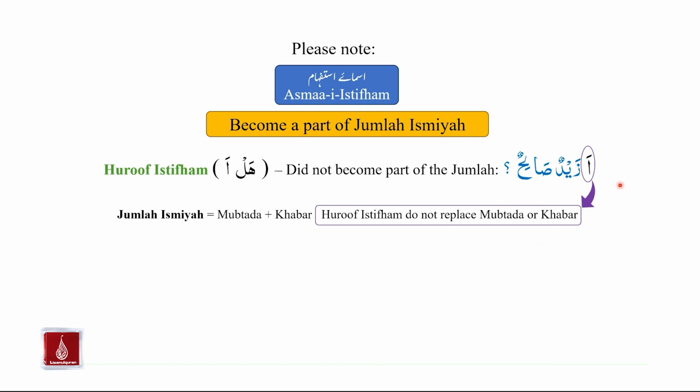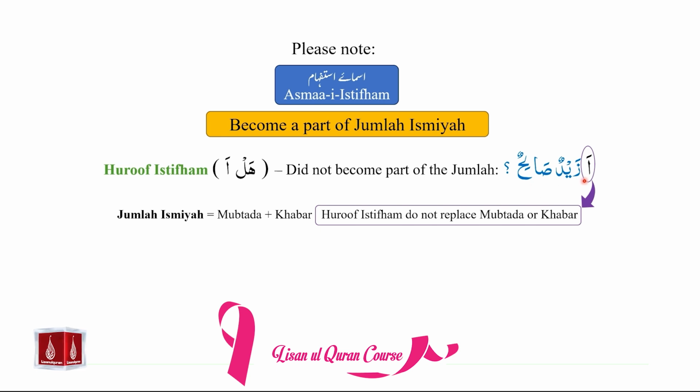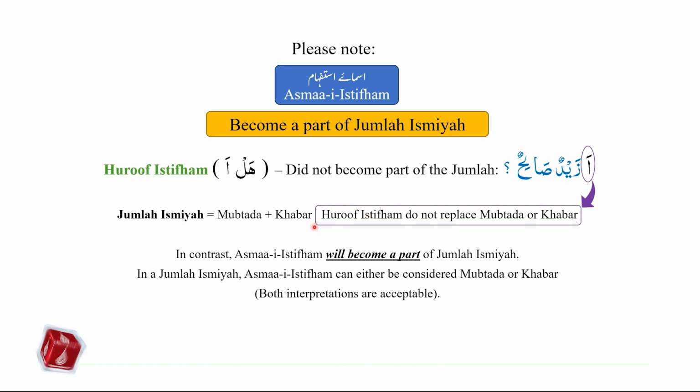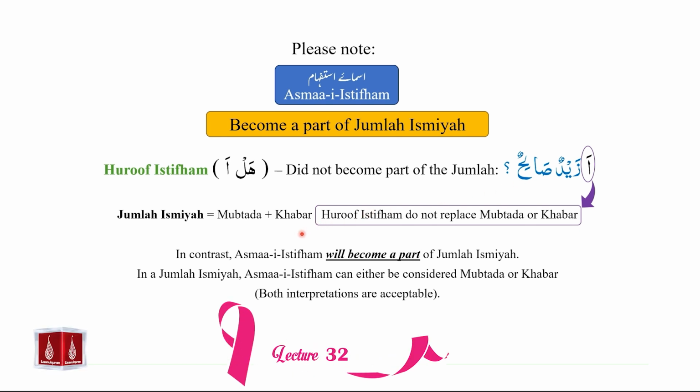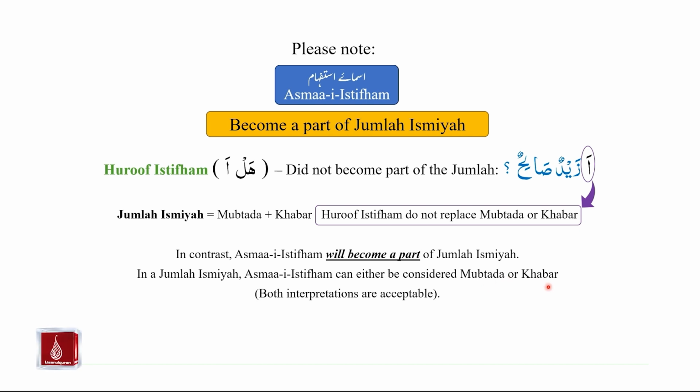So the Harf-e-Istifham is separate from the Jumla Ismiya. In contrast, in the case of Asma-ul-Istifham, they will become part of the Jumla Ismiya. In a Jumla Ismiya, Asma-ul-Istifham can either be considered Mubtada or Khabar, and both interpretations are acceptable. Inshallah, we will study some examples in the following slides.